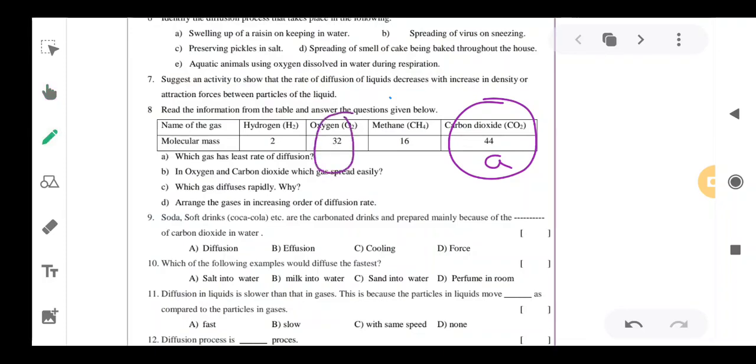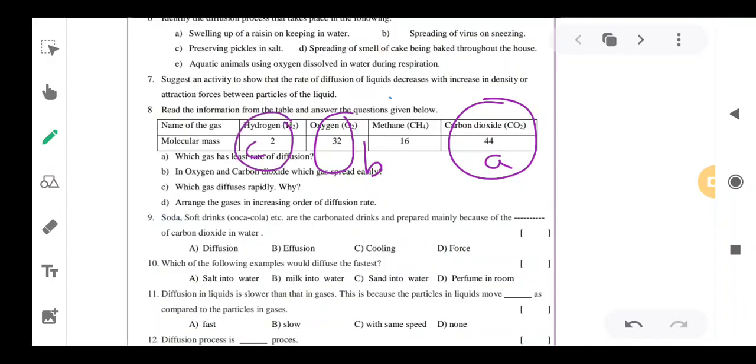You have to write this for B. See, which gas diffuses rapidly? Rapidly means very fast. Among these four gases, hydrogen has the least molecular mass. So hydrogen diffuses rapidly because hydrogen gas has lower molecular mass. So you have to write hydrogen. This is the C answer.